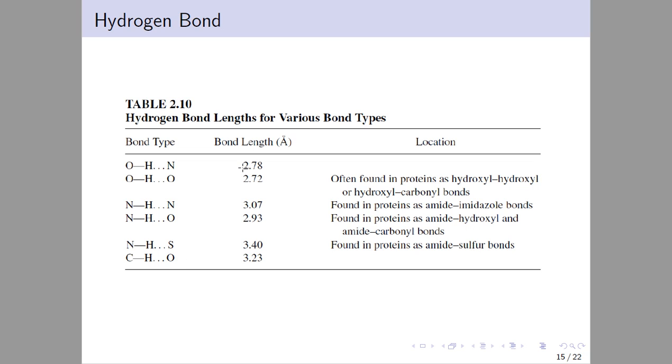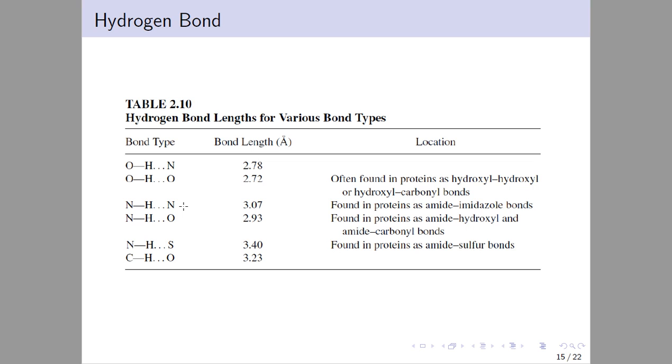We can see oxygen and nitrogen 2.78, oxygen and oxygen 2.72, nitrogen and nitrogen 3.07, nitrogen and oxygen 2.93. Here we can see that 3.07 might be because N and N are doing some repulsion.